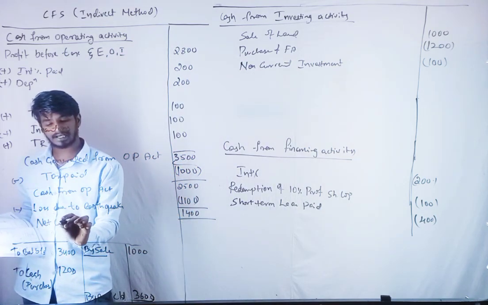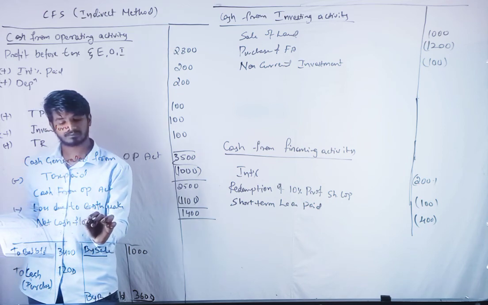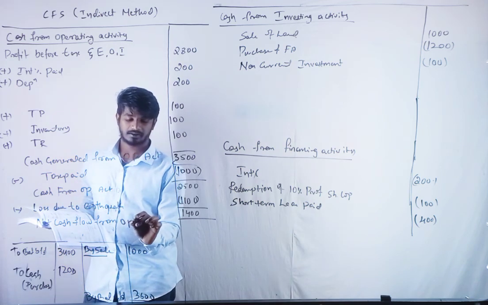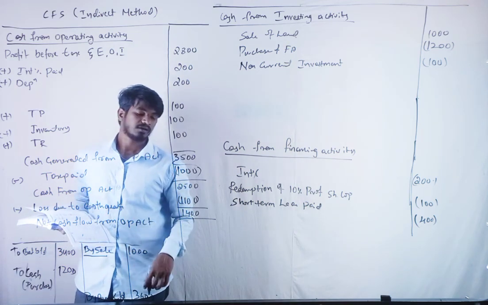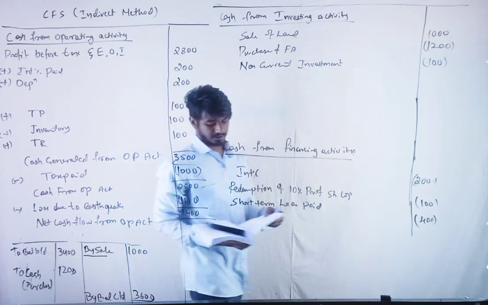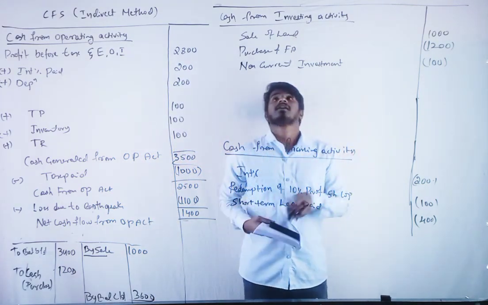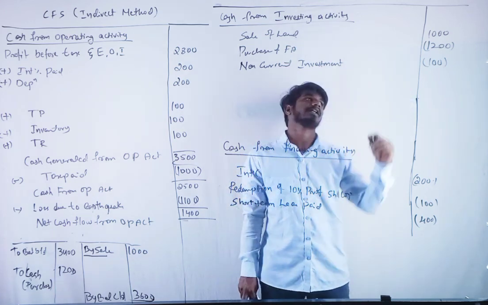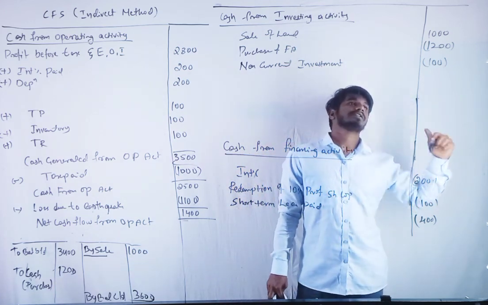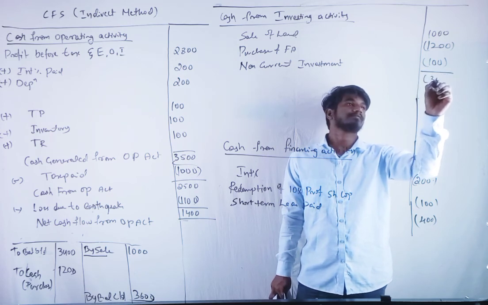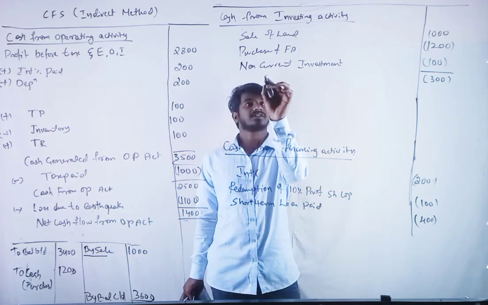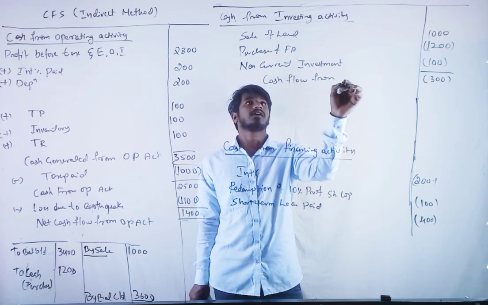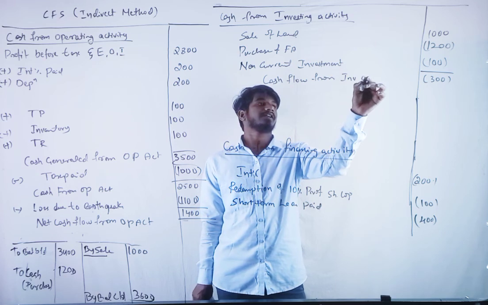Net cash flow from operating activity. Fine. Next we have sale of land, sorry, cash from investing activity. 1000 minus 1200, 300 negative. Cash flow from investing activity.